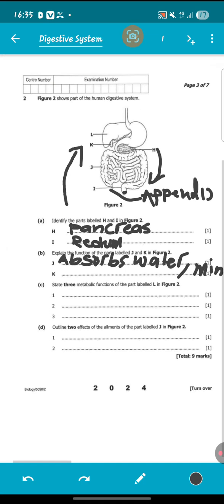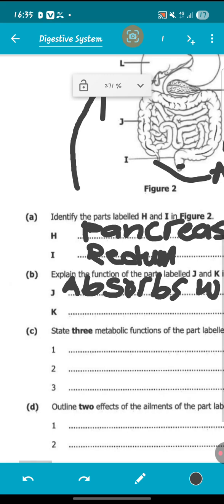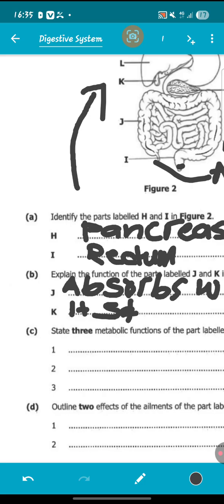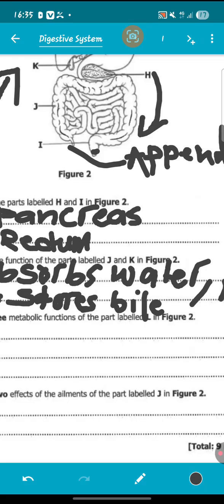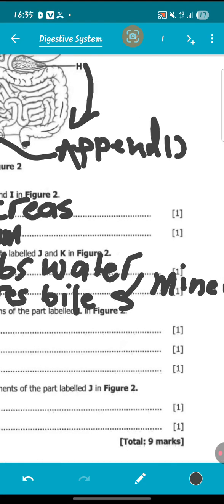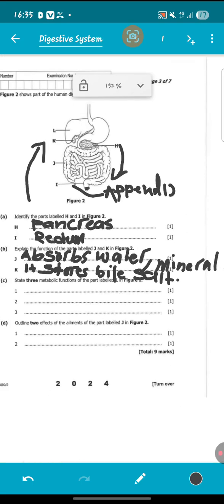It stores bile salt, before releasing that bile into the duodenum for the emulsification.